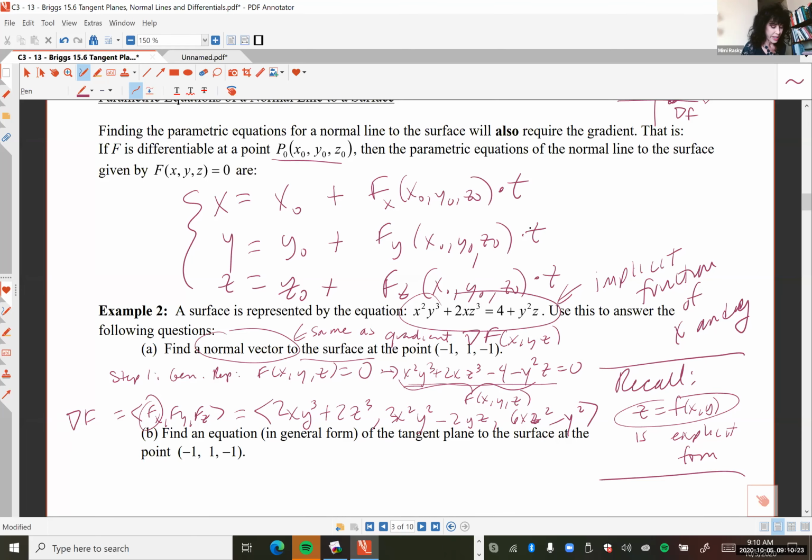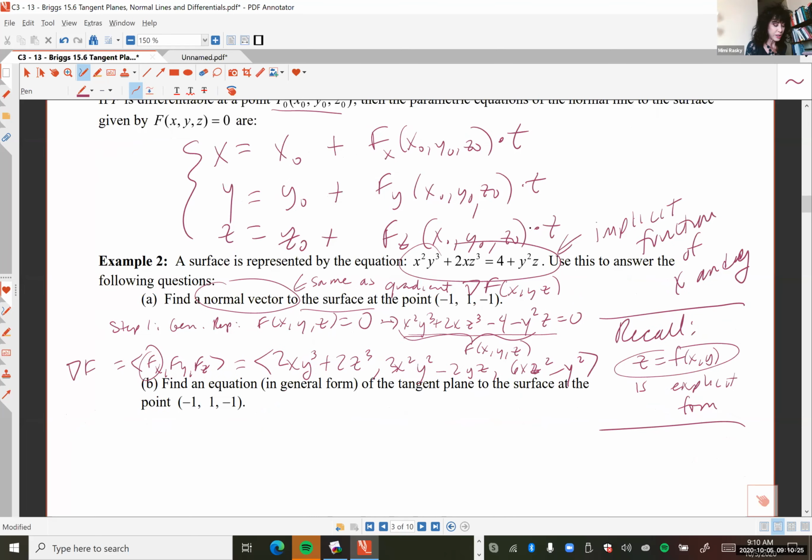And that is the gradient, but they want the normal vector to the surface at this point. So I'll have to, I ran out of room. What else is new? If I evaluate my gradient at this point, now I have to do a whole bunch of substitutions, and I'm going to do this quickly. This term is going to end up being a -2, and then this one, -1 cubed, I'm going to have a -2.